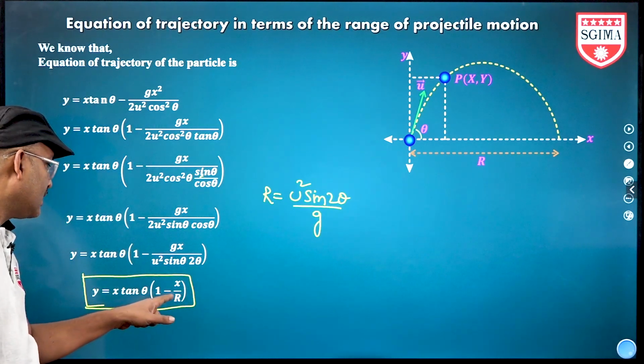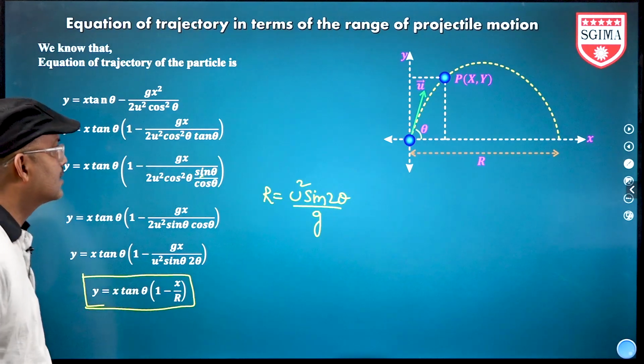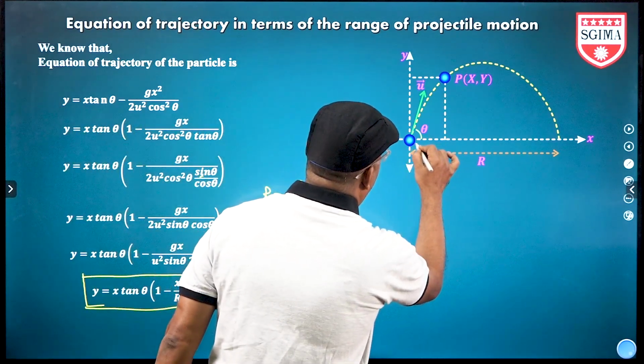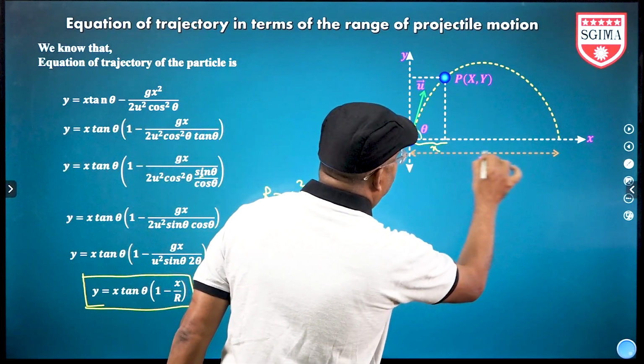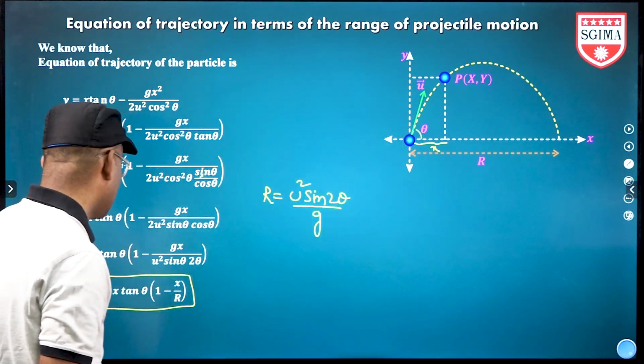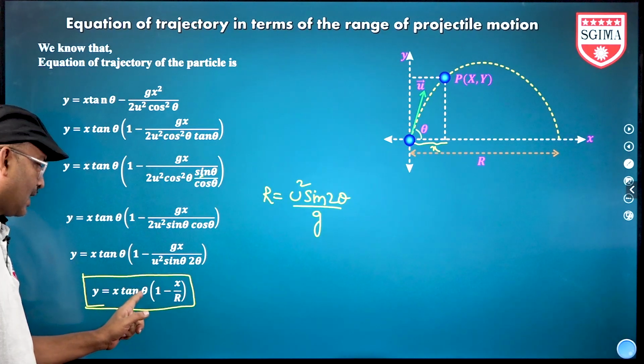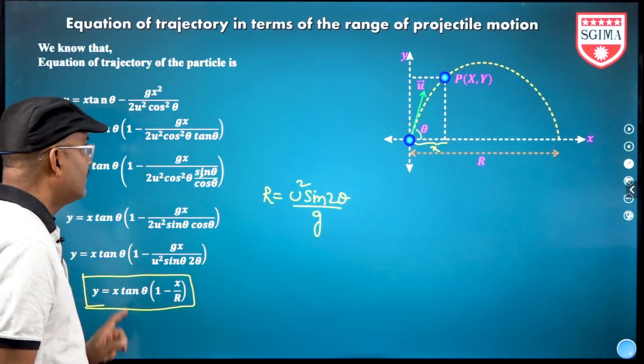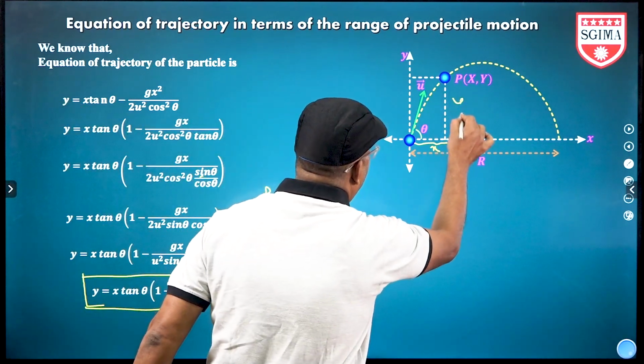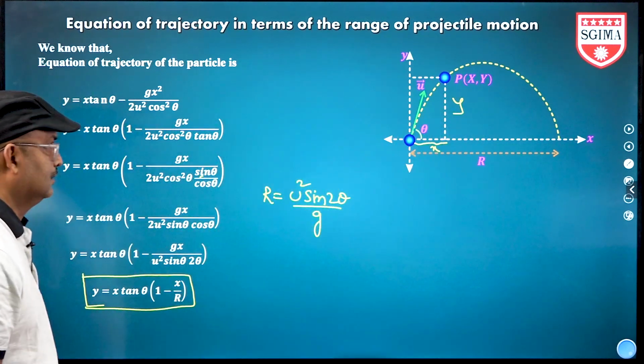It includes range and horizontal displacement. If range, horizontal displacement and angle of projection are given, then vertical displacement can be calculated using this equation.